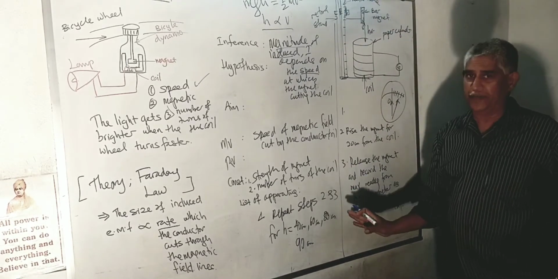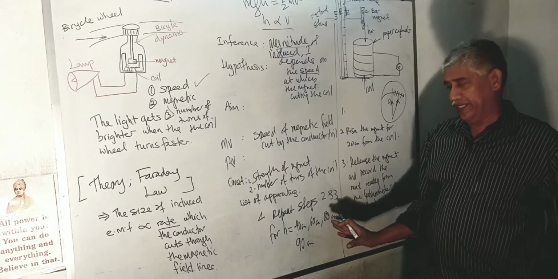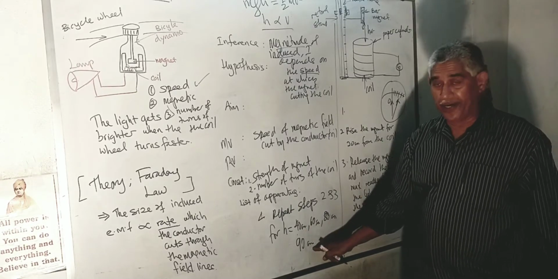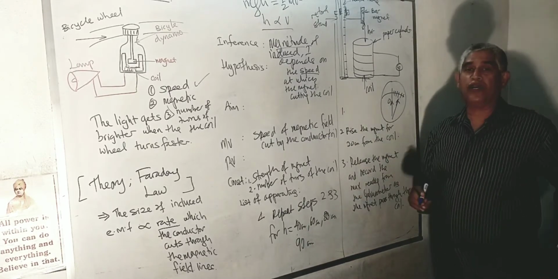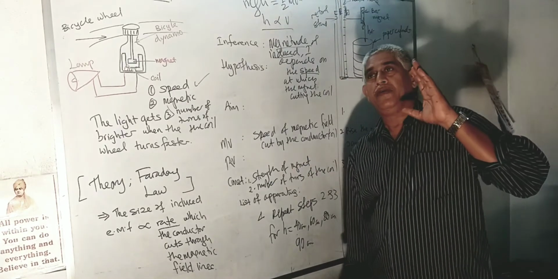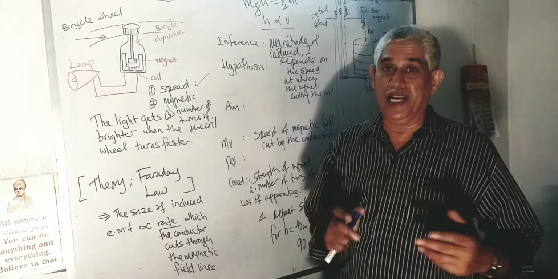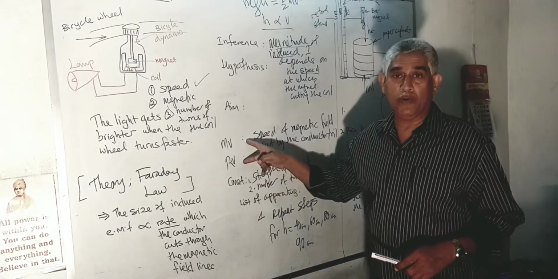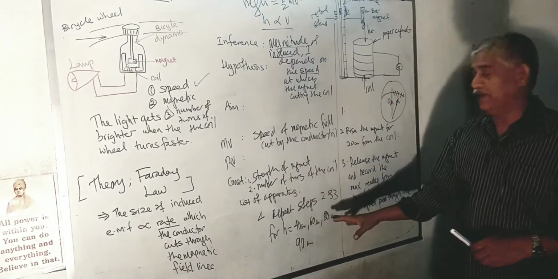If you put 120 cm also, it doesn't matter. As long as you have your 4 readings plus 1 reading, altogether we have 5 manipulated variable values, which is good enough to make a graph and to see the relationship between these 2 variables. Okay, so that's the steps.